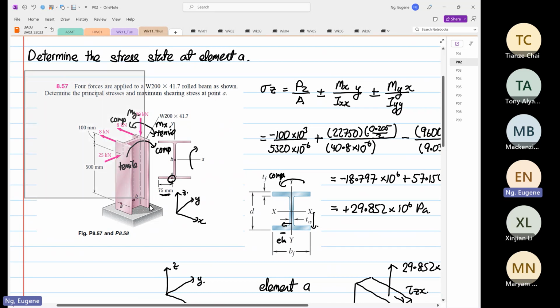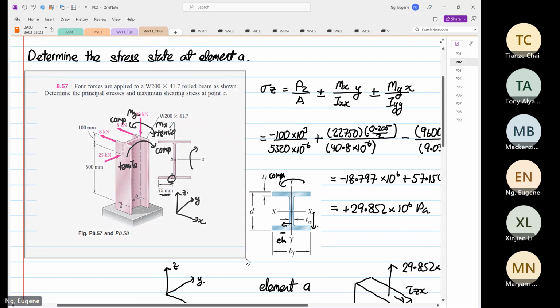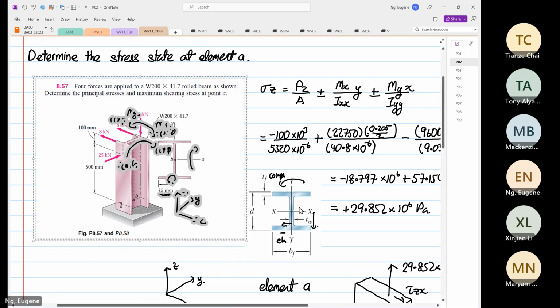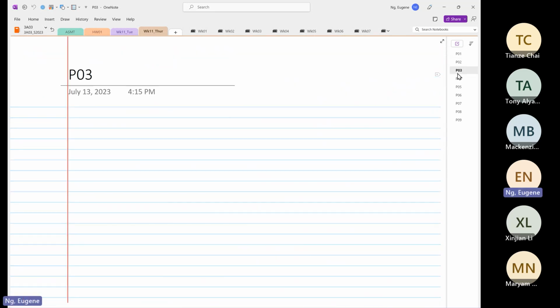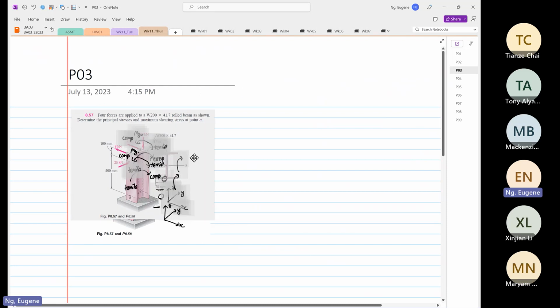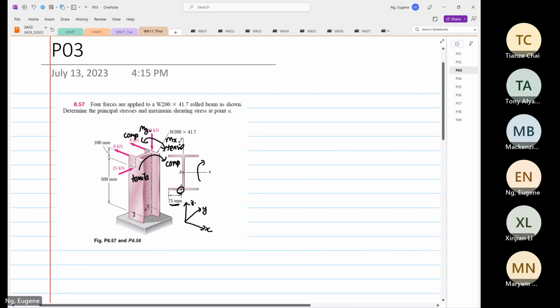So I'm going to copy this whole thing. And now we are going to look at stresses on element B.